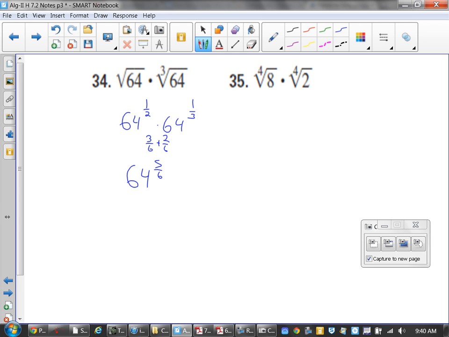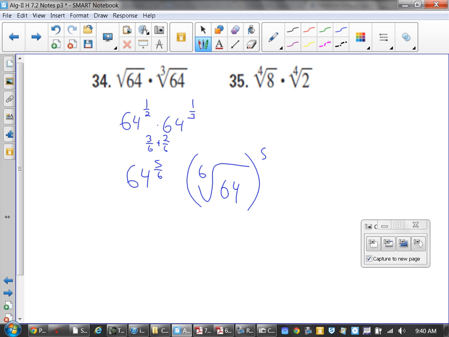Now, remember, that means what is the 6th root of 64 to the 5th power? 32. Very good. Why can't you just find the square root of 64 then? Yeah, you can do that too. I'm showing how, because when it gets to some of the more complicated ones, it's easier to go that route. And there's nothing wrong with that.